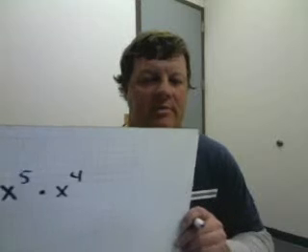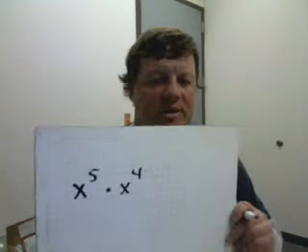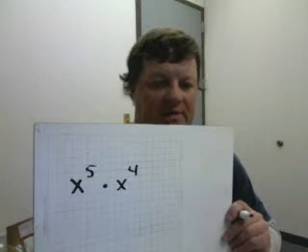So what I want you guys to put down on your paper, or to try mentally, is what if we had x to the 5th power times x to the 4th power? Okay, so different variable, but the same idea. Two like bases, different exponents, we're multiplying them together.